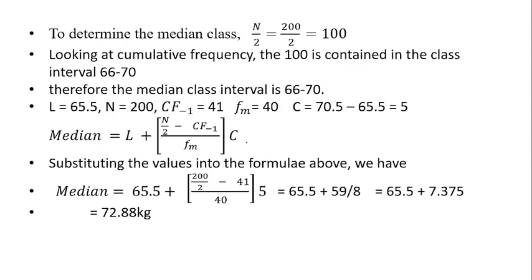If we put all this, at the end of it, the median is 72.88 kilograms. Then we have the mode. The mode is another measure of central tendency. And what is the mode? The mode is the value that appears more frequently.